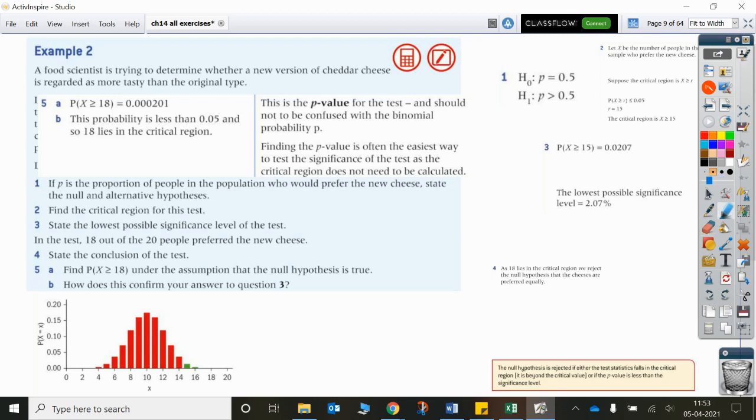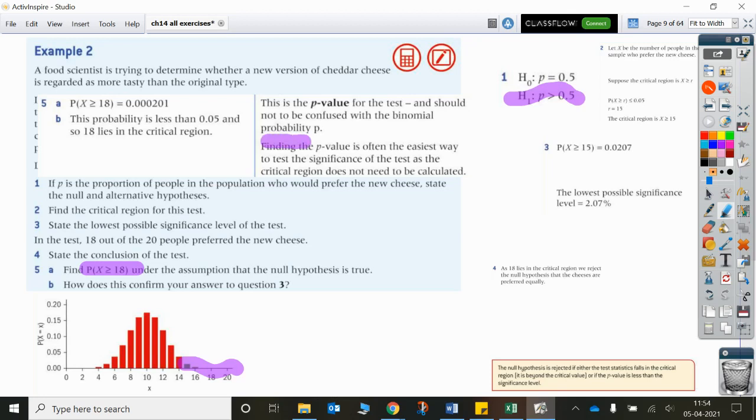So one way is to consider the p-value, the probability of x being greater than or equal to 18. The other method is to consider, is 18 in the critical region? Okay, either of those means that we have a significant test and that H1 needs to be accepted.